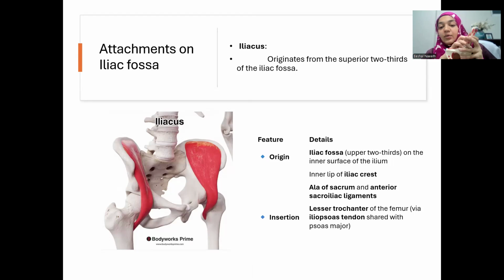Okay. And then it was inserting into the lesser trochanter of the femur with the iliopsoas tendon shared with psoas major. So the iliacus and psoas major combined to form the iliopsoas tendon.